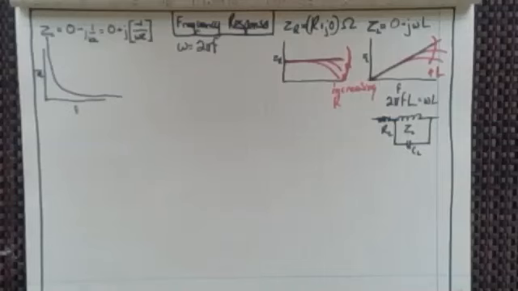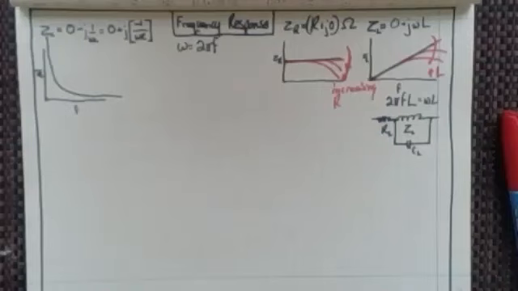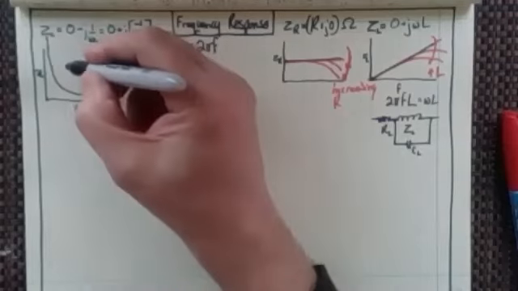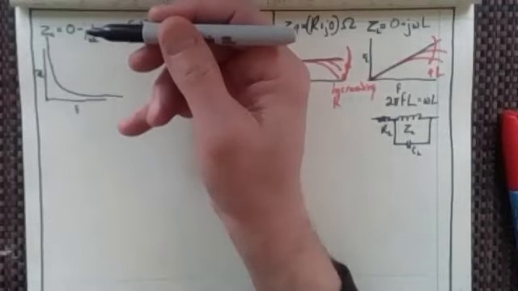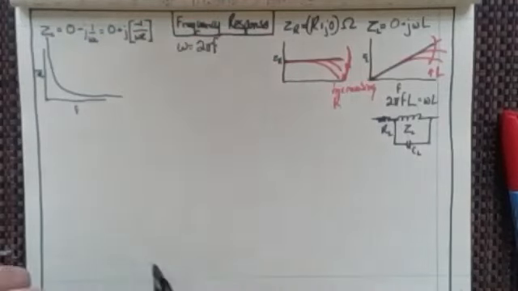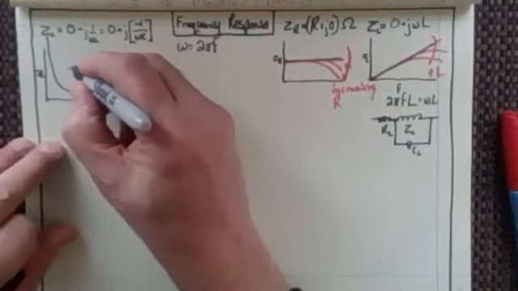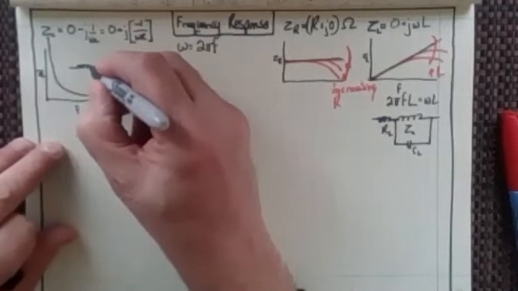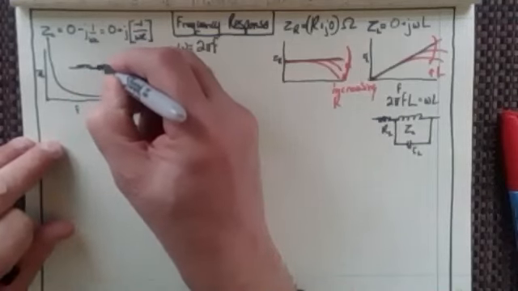Now, how about a capacitor? You know, a capacitor also, in reality, is not just a capacitor. A capacitor also has, due to the fact that it's made out of copper, the real circuit that we have for a capacitor is we have an inductor in line with the resistor. Yeah, that's right.